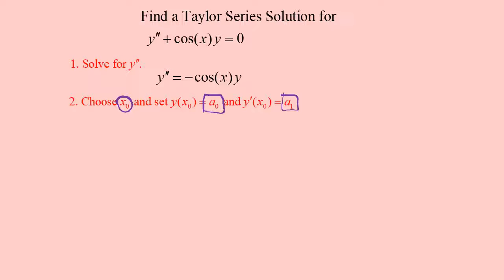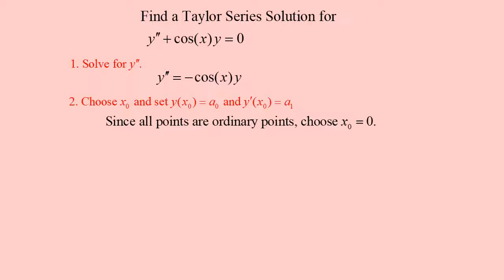Doesn't matter what you call them, we'll just refer to them as a sub 0 and a sub 1. So we're going to expand about x equals 0. That'll make our calculation somewhat easier. And the two constants will just be a0 and a1.